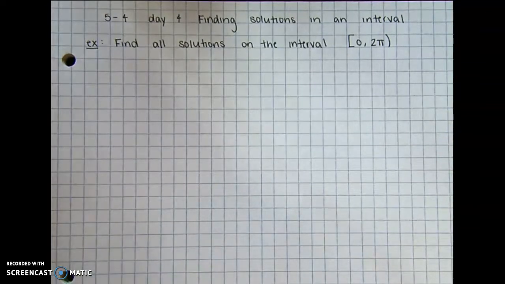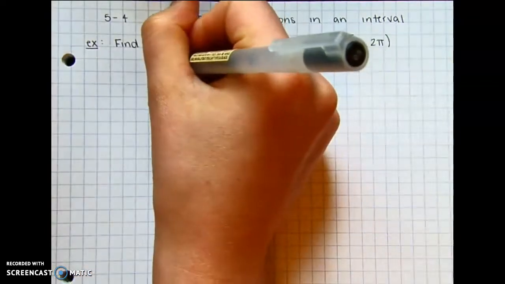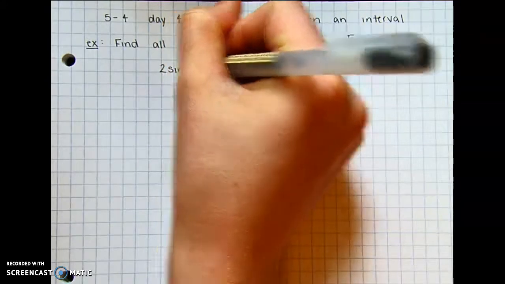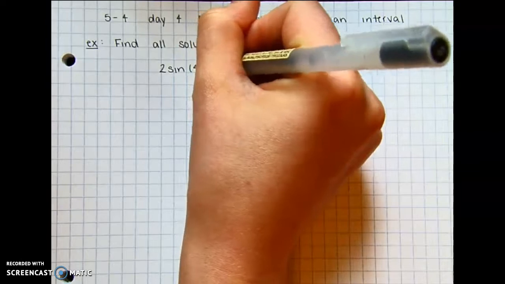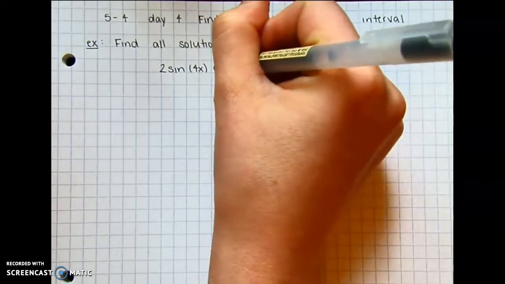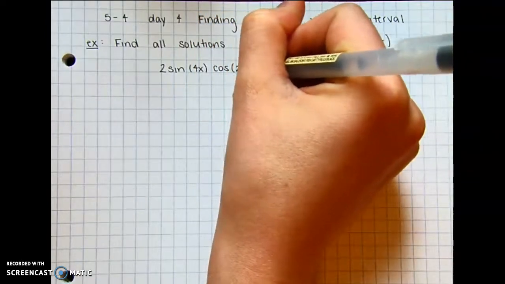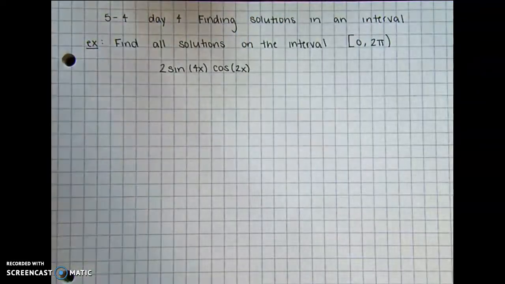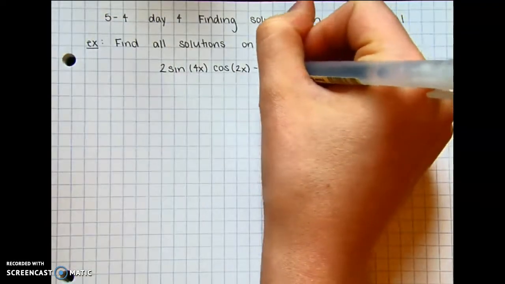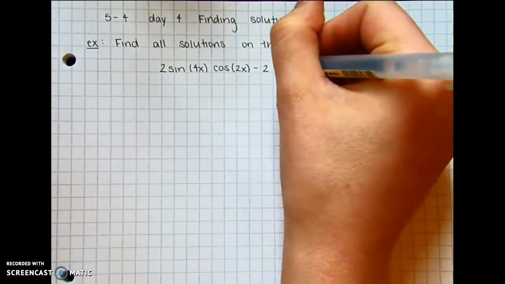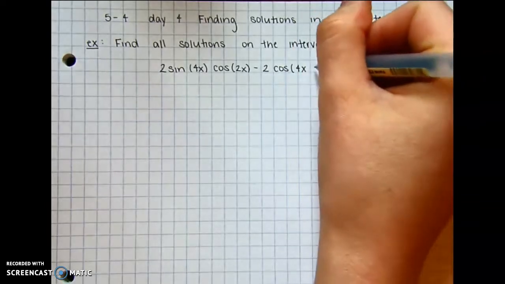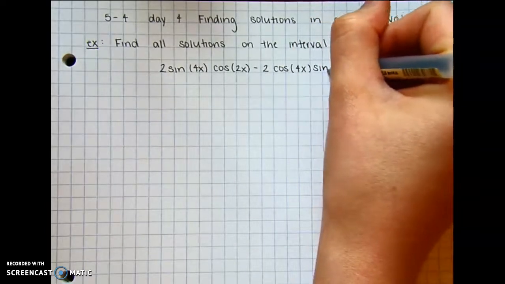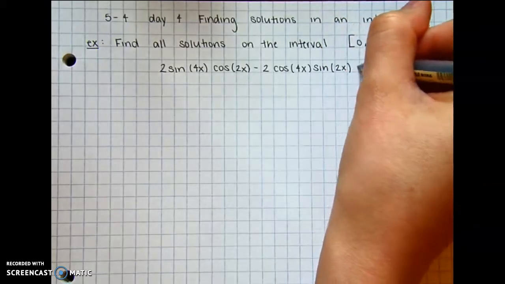So the equation we're going to do is 2 times sine of 4x times cosine of 2x minus 2 cosine of 4x times sine of 2x equals -1.